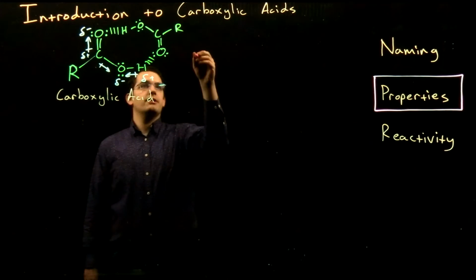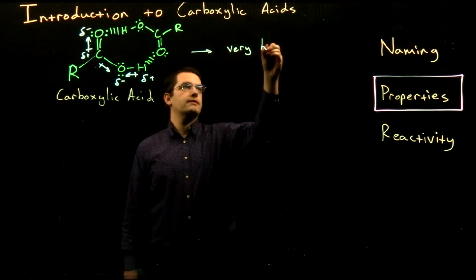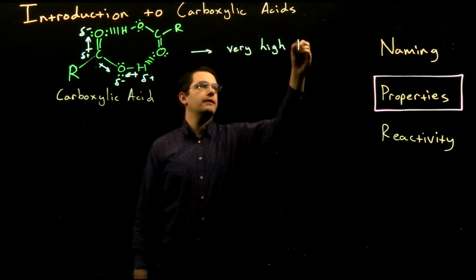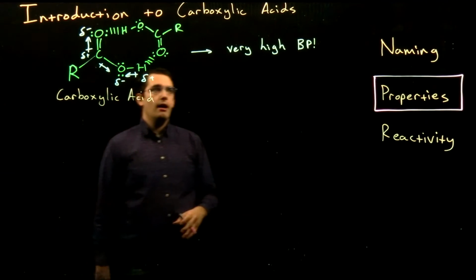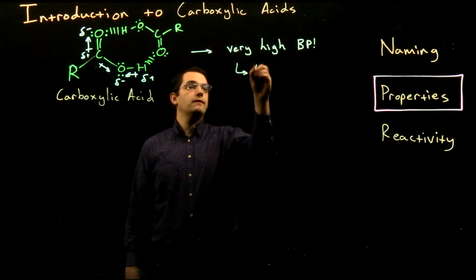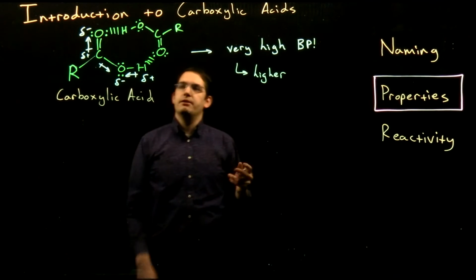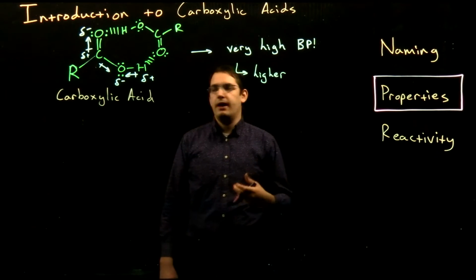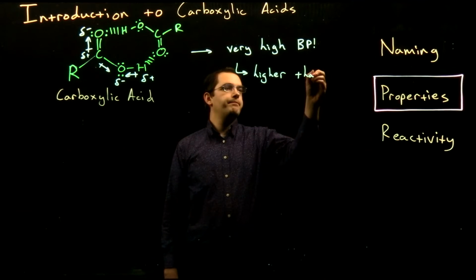So all of this hydrogen bonding leads to very high boiling points for our carboxylic acids, as well as melting points, of course, as well. So they'll have even higher boiling points than alcohols, because of course alcohols don't have that extra hydrogen bond acceptor to help to form those hydrogen bonds between our carboxylic acids.